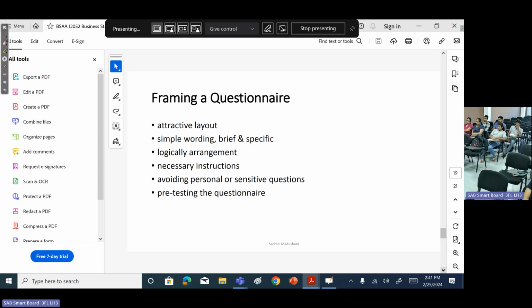You know there are different types of questions we can include in the questionnaire. Normally, first we ask yes or no questions, simple alternate questions. Then we move to multiple choice questions. Then we can insert ranking order questions and Likert scale questions. Finally, we can include the open-ended questions. That is a logical arrangement.